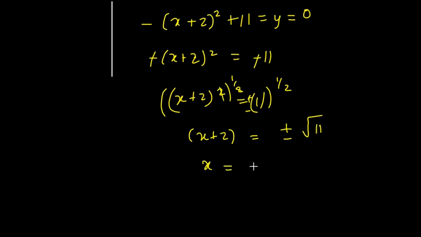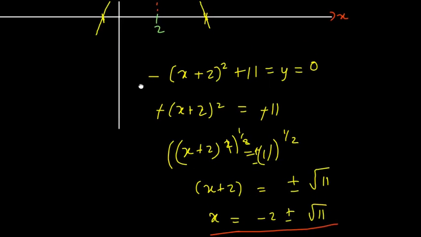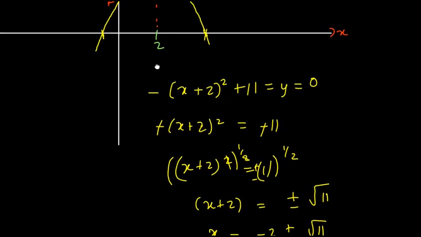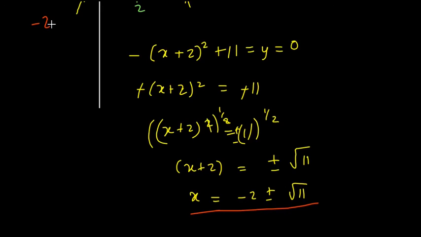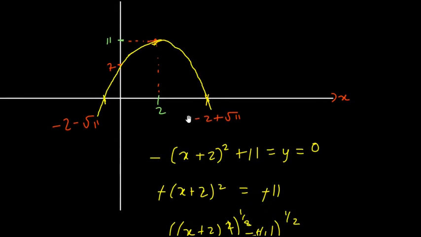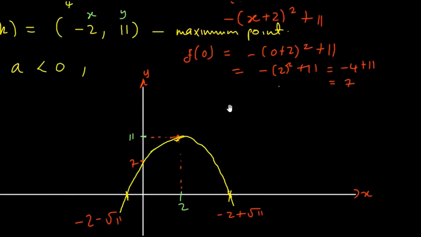So now x is equal to minus 2 plus or minus square root of 11. So this gives us the two intercepts, or where the curve cuts the x-axis. We have minus 2 minus root 11 and minus 2 plus root 11. Of course, root 11 is positive, so one result will be positive and one will be negative. Also, that's how you solve the problem.